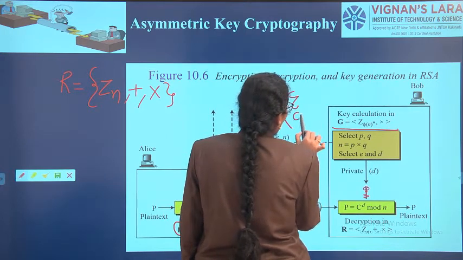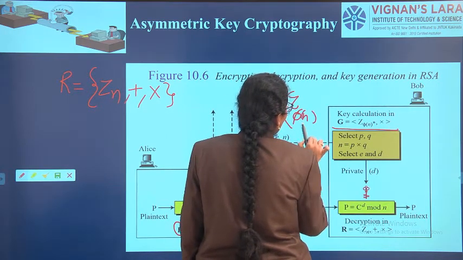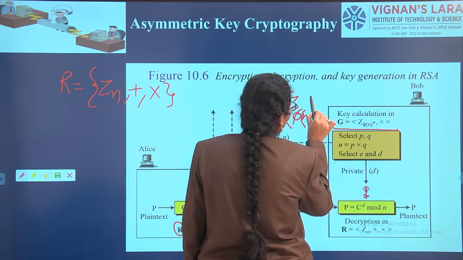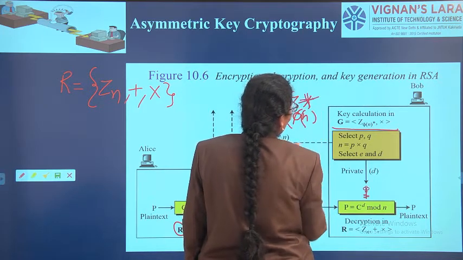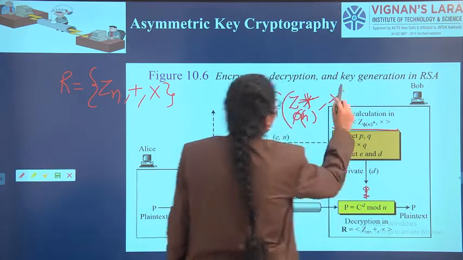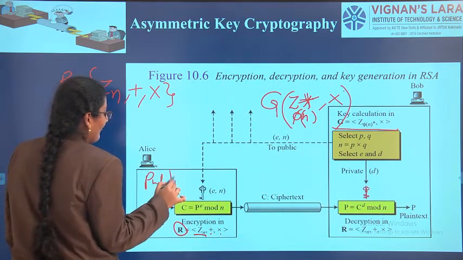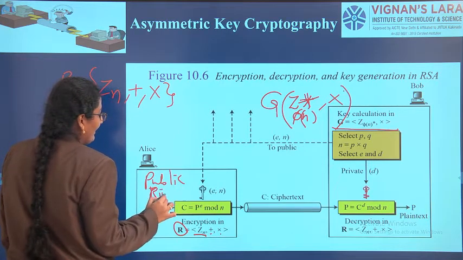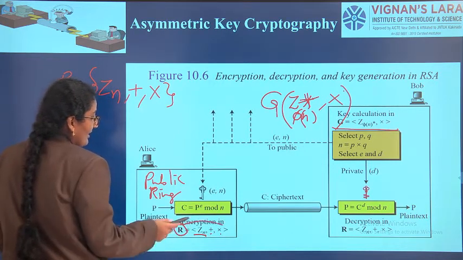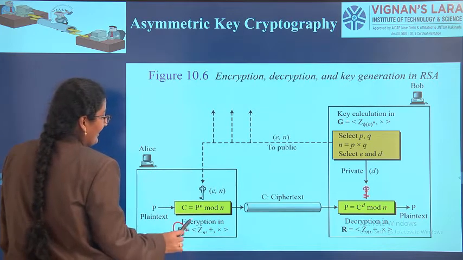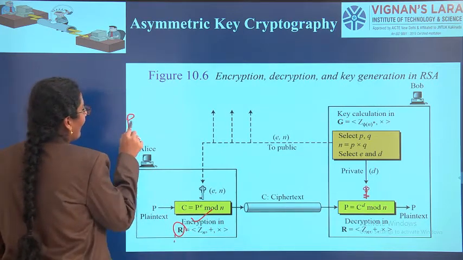It has phi of n elements on which we can perform multiplication. So this is the group. Here I am calling the ring a public ring because it is used for encryption. Since we are using the ring for encryption, I am calling it public ring.